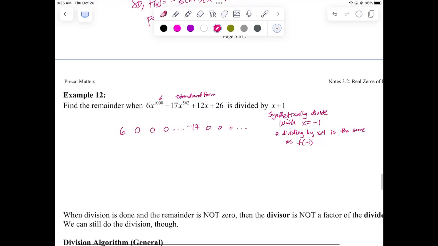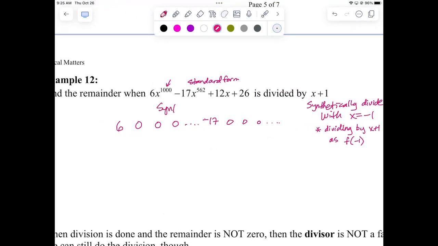So there's no reason that we need to use synthetic substitution or synthetic division. Sometimes that's nicer, but in this case, isn't it easier just to plug in? If I let this function equal f of x, I can say what is f of negative 1? And I can just use direct substitution. Direct substitution, not synthetic substitution.